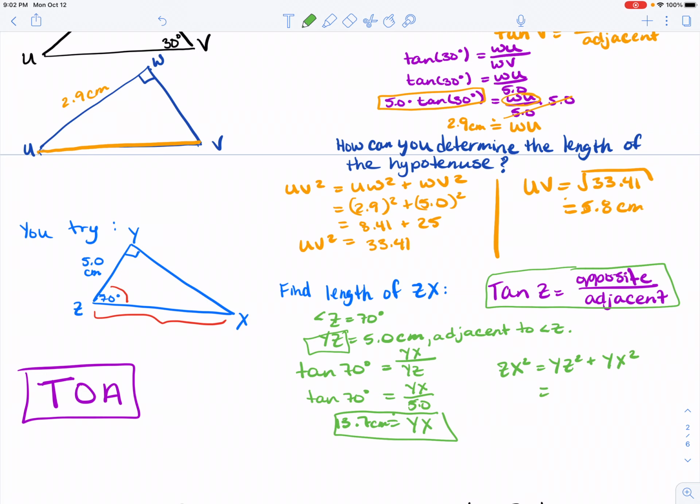So if we plug in all our numbers, 13.7 squared plus 5 squared, and then we take the square root of both sides, this comes out to 212.69, and that means that ZX equals 14.6 approximately centimeters.